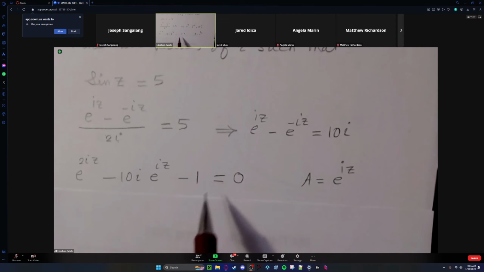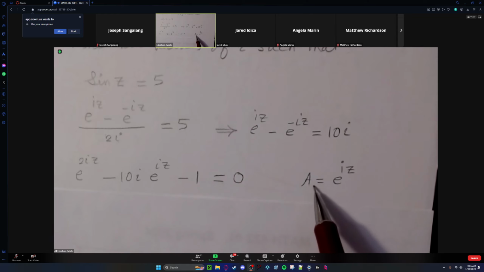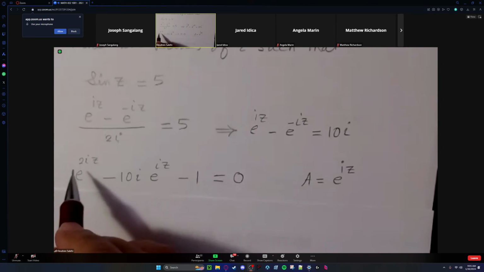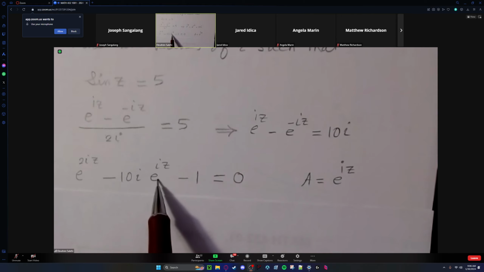You get this equation. This is a quadratic equation. If you call e to the iz a, actually you have a squared minus 10i a minus 1 equals 0.